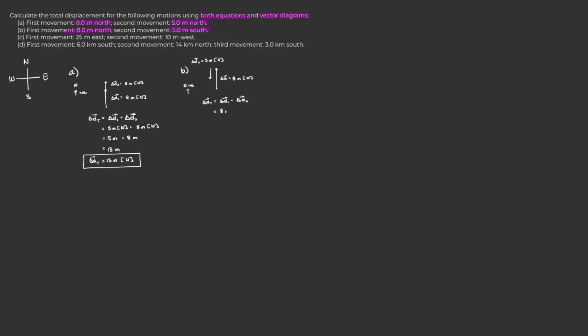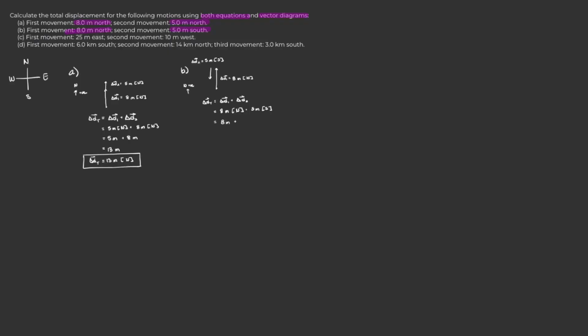So we have 8 meters north and 5 meters south. Now since north is positive here, all the north directions, we're going to take out that direction, turn it into a scalar and make the number positive. So we're going to leave this 8 as just 8 meters.